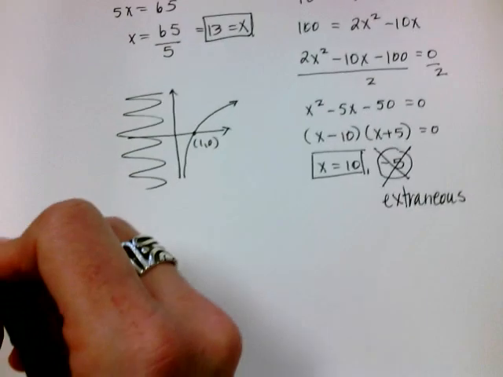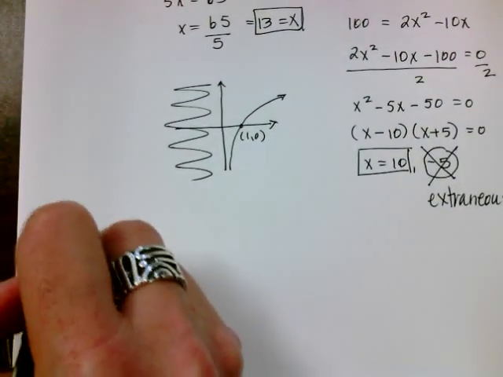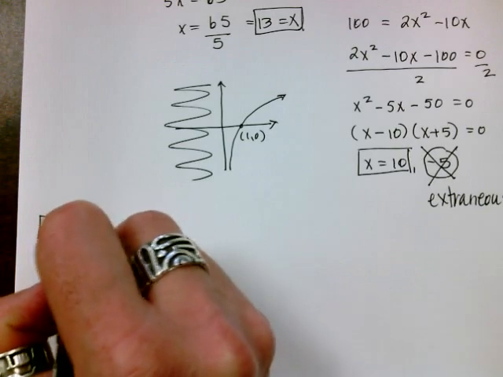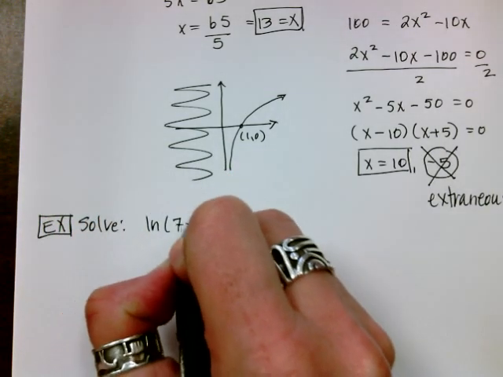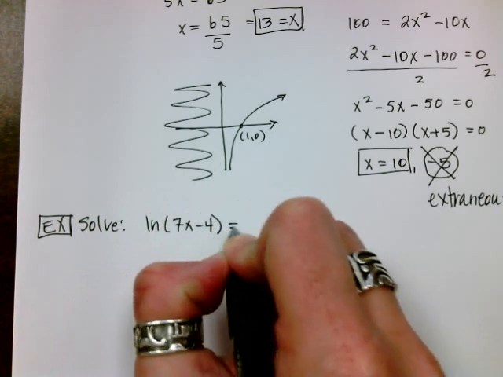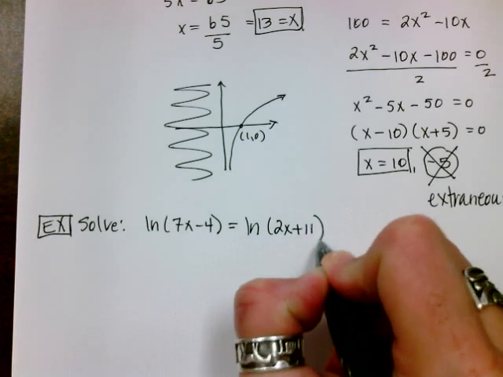All right, so let's start our next example. Lots of examples today. So this one says solve. I'm going to have the natural log of 7x minus 4 is equal to the natural log of 2x plus 11.